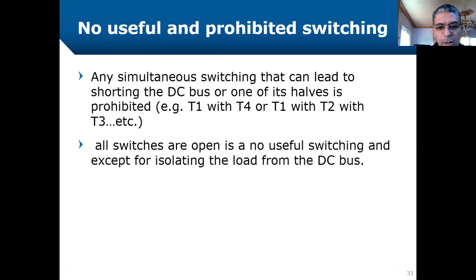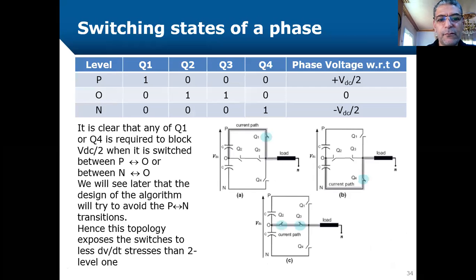So these are forbidden states, and the algorithm itself should take care that none of these switching combinations will occur during operation. And the other case, which is not useful, is that all switches are open, because the load is isolated, and this is not a useful combination anyway.